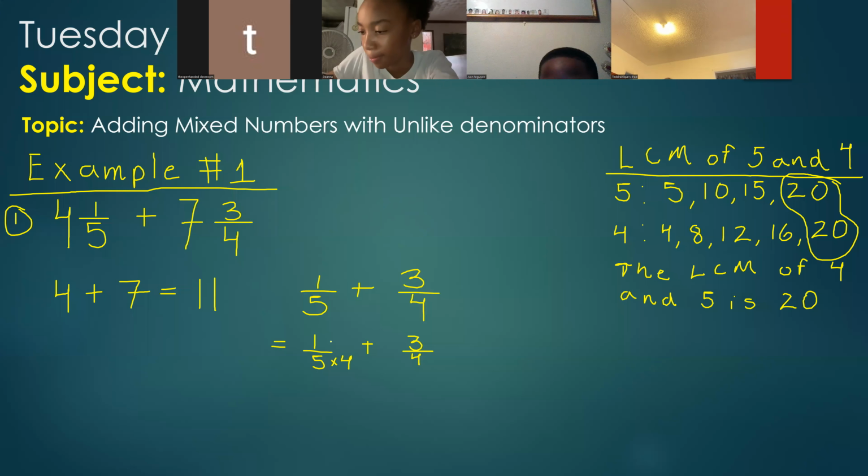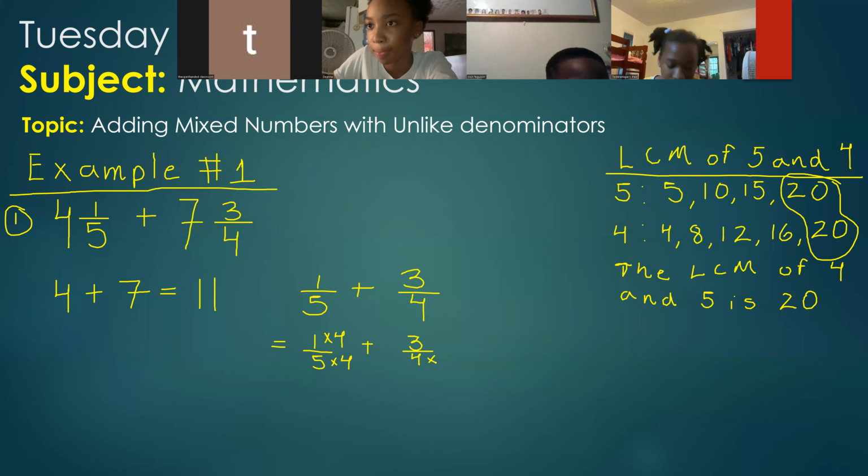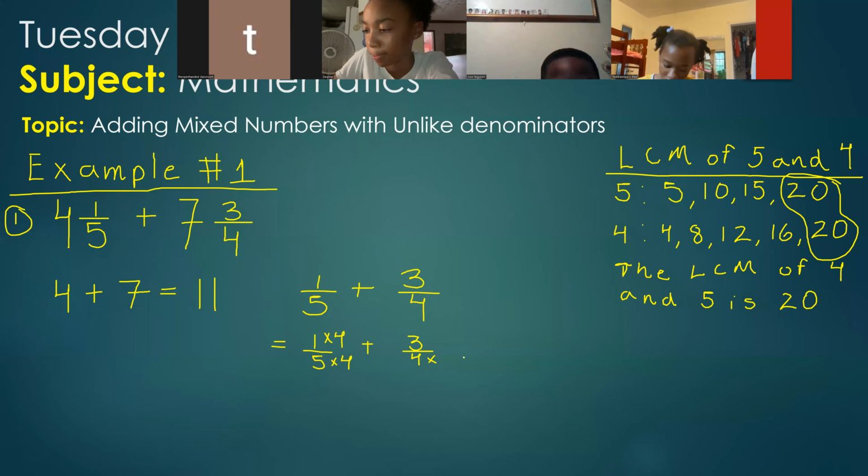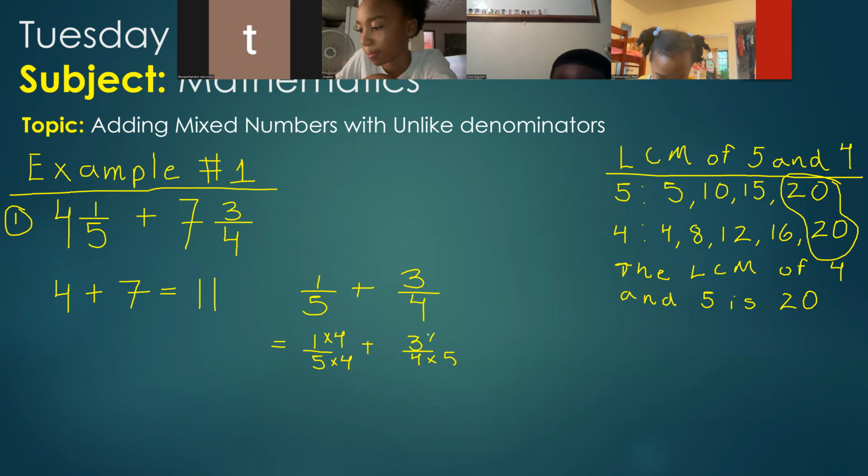Whatever we do to the bottom, we must do to the top. So 1 times 4. And then we ask ourselves, what times 4 gives us 20? 5. Very good. Whatever we do to the bottom, we do to the top as well.